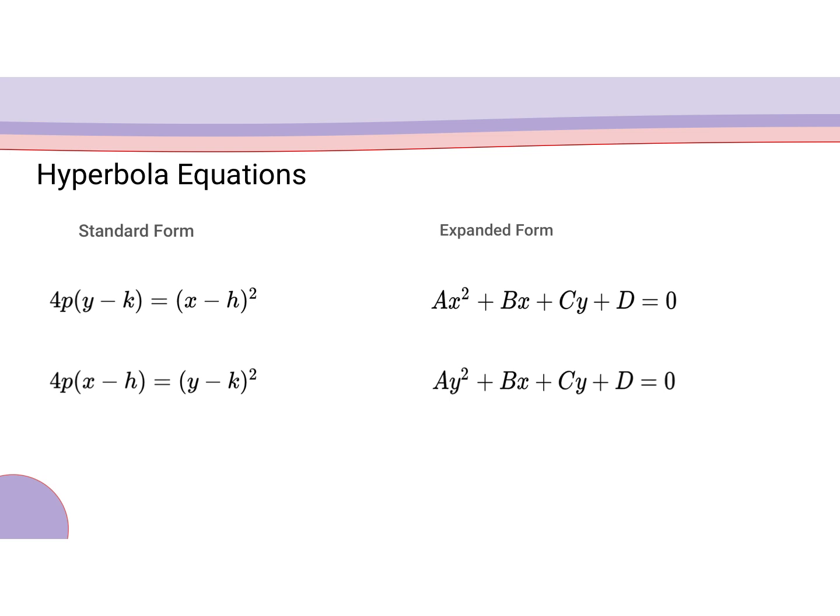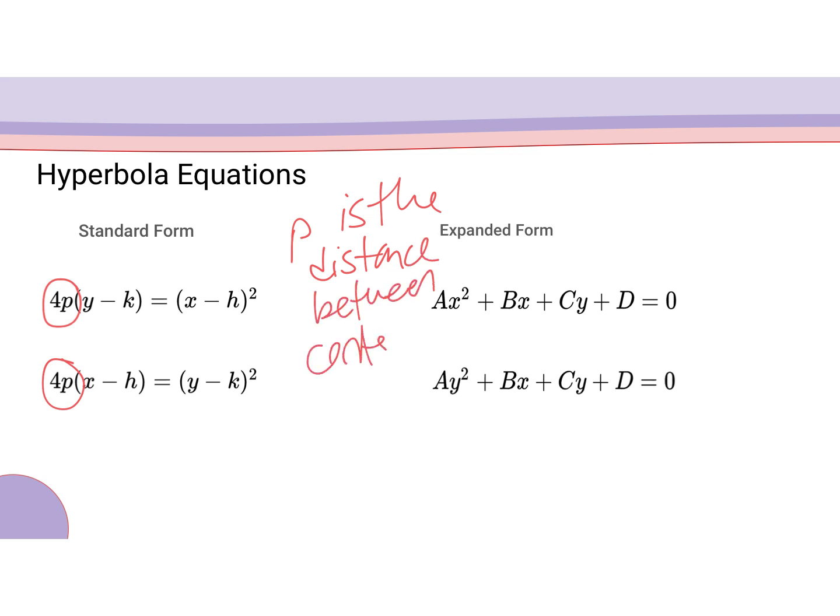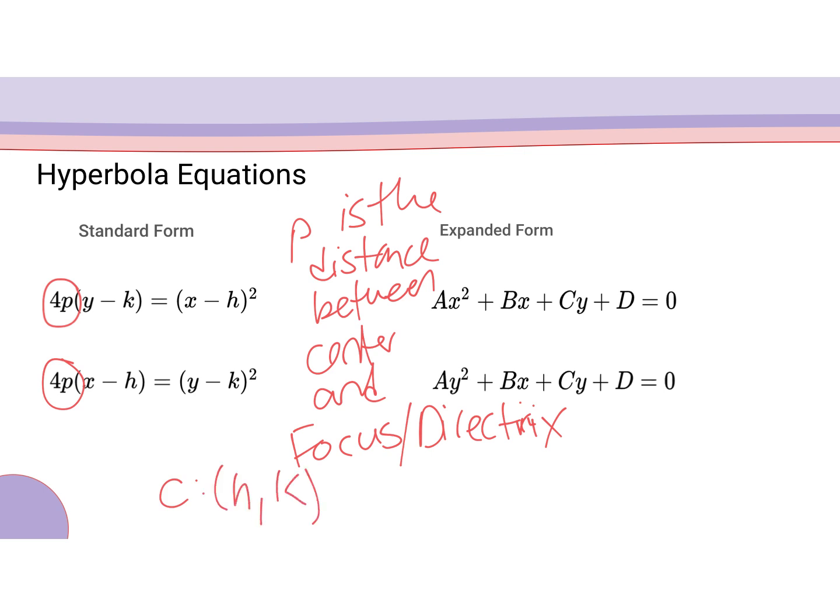Here are our expanded forms. This 4p is a very important thing, because p is the distance between the center and the focus or directrix. Our center is still (h, k).